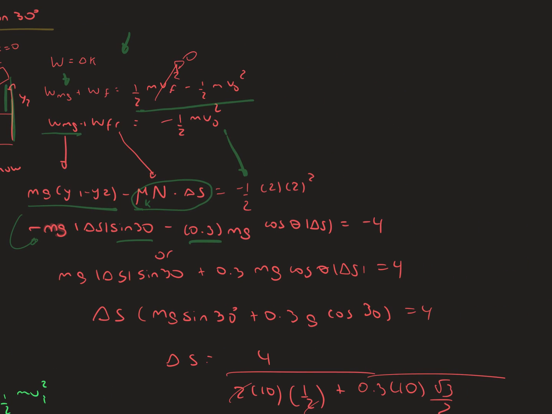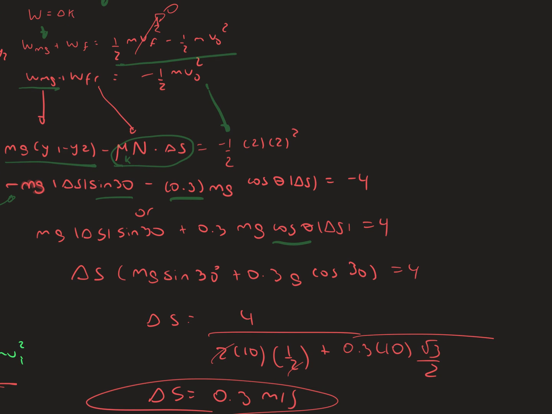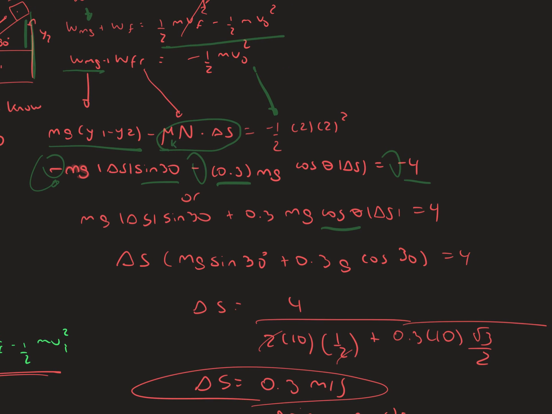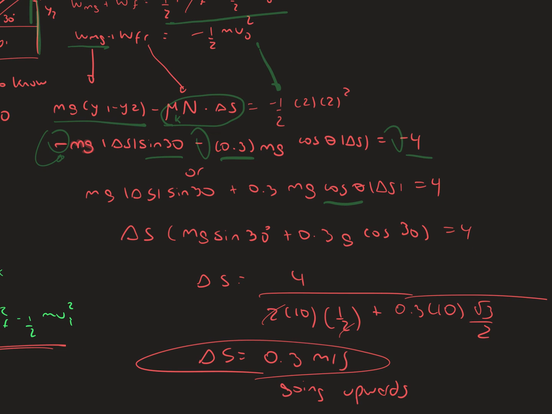Now on the other one, we have 0.3 times mg times cosine of theta times the magnitude of the displacement, and that's going to be equal to negative 4. In this case, you got negative, negative, negative, so to make it easier, we can change it to positive. It's going to be the same thing.